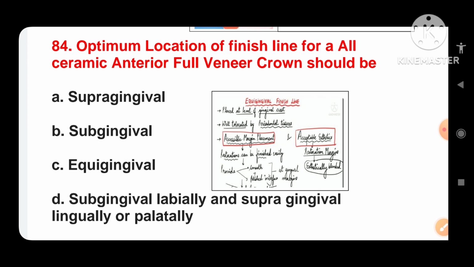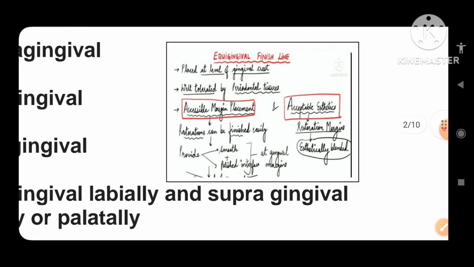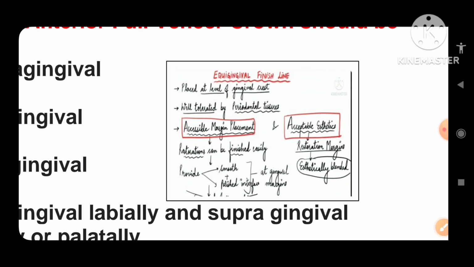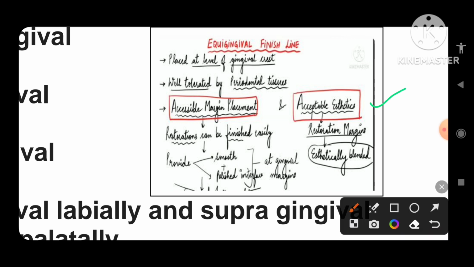Options are supragingival, subgingival, equigingival and subgingivally labially and supragingival lingually and palatally. So the equigingival finish line is placed at the level of the gingival crest. Okay, and it is well tolerated by the periodontal tissue, and it has acceptable esthetics, that's why it is placed in the anterior region.